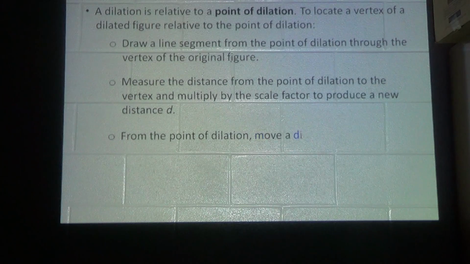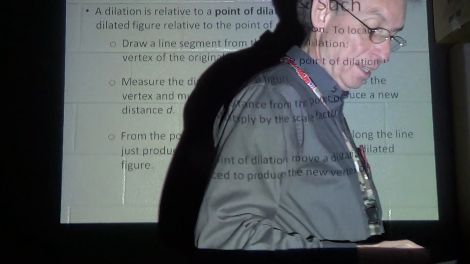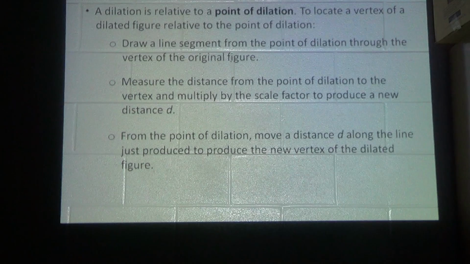Then you measure the distance d along the line that you just produced to get the new vertex of the dilated figure. So you're going to get progressively farther or closer to the point of dilation. Sometimes that will be called a focal point. This is also what they use to make enlargements and reductions of pictures with cameras.